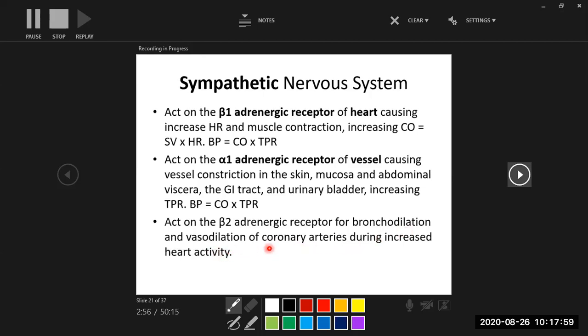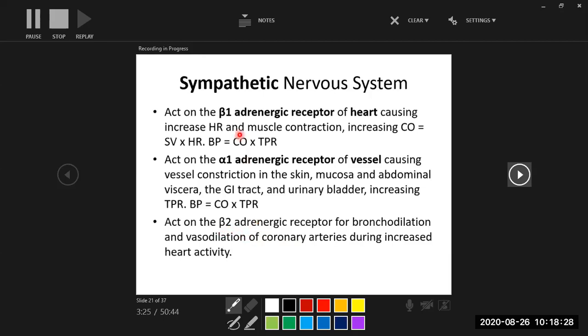You also dilate your coronary artery. This is the blood flow to the heart. Because now your heart is pumping faster and harder, you need more oxygen and more nutrients supplied by your blood to your heart. So you have vasodilation in the coronary artery, achieved by acting on the beta-2 receptor.